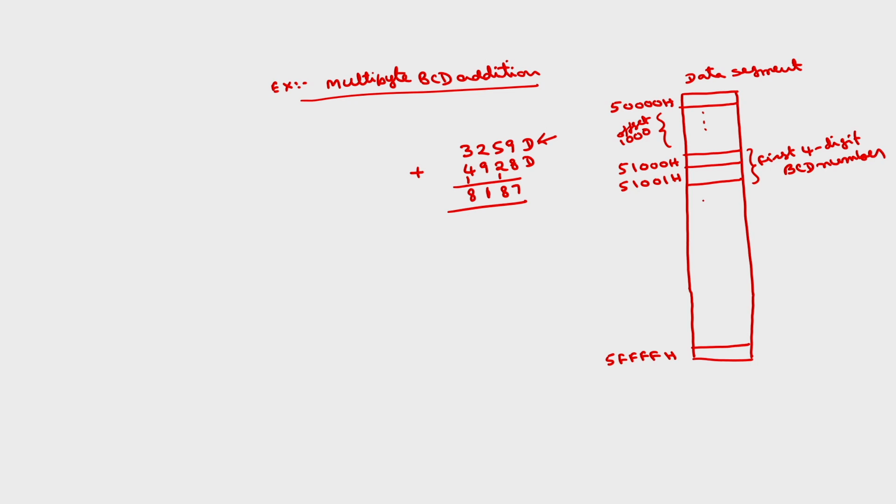And then I am storing this second BCD number, which is a 4-digit BCD number or 2-byte number, with the offset of say 5200. Here I am storing the second 4-digit or 2-byte BCD number.